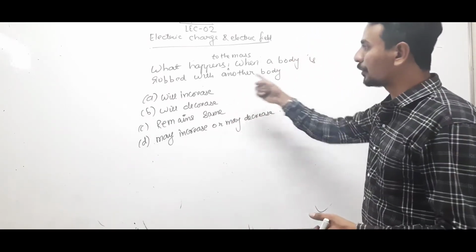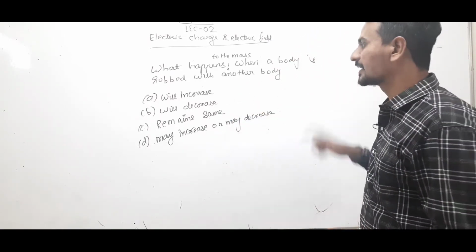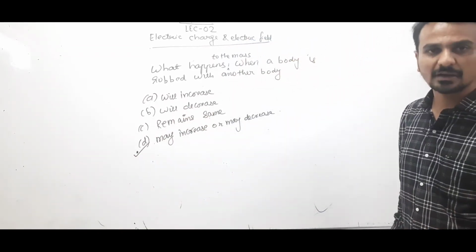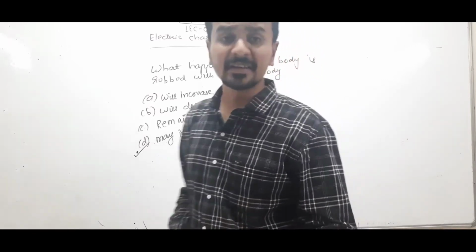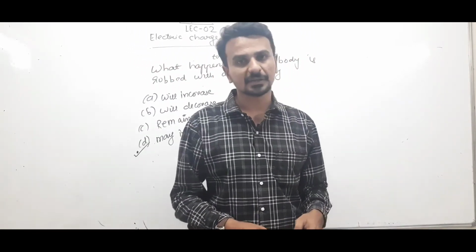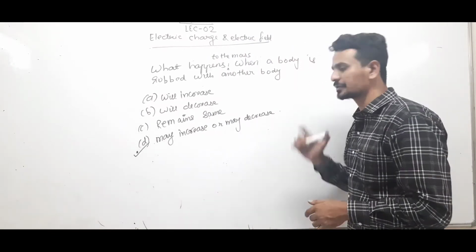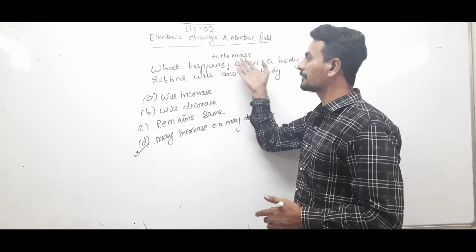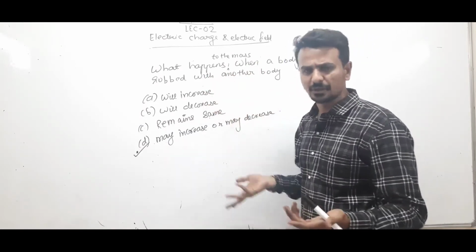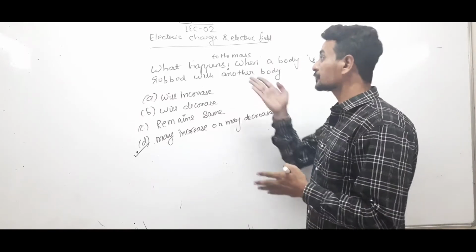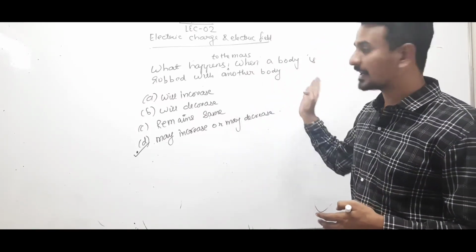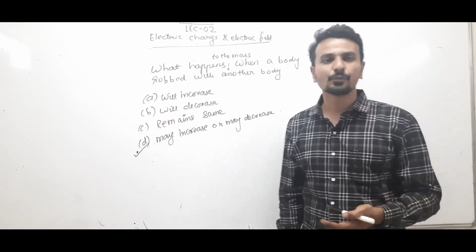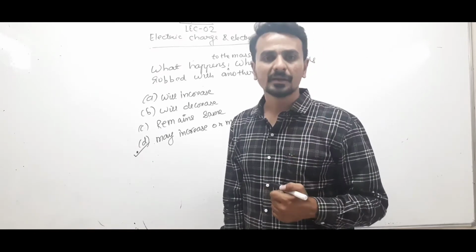You don't know the type of the body, so your answer will be, it may increase or it may decrease. The question can come in this way also: what happens to the weight of the body when it is rubbed with another body? Then your answer will be remain the same. Or what happens to the positively charged body when it is rubbed with another body? Then your answer will be decrease, because a positively charged body will lose mass, and a negative one will gain some mass.